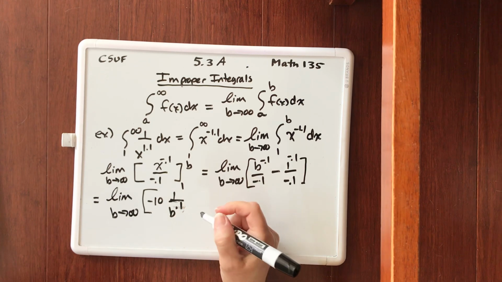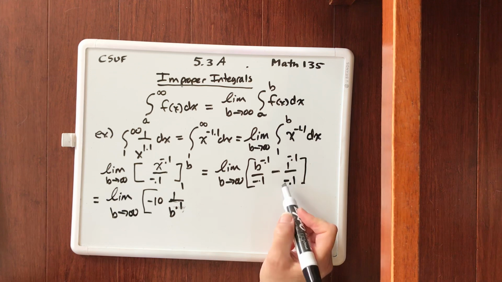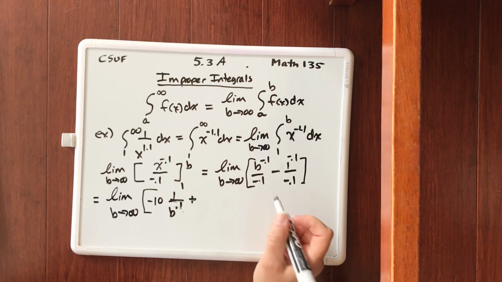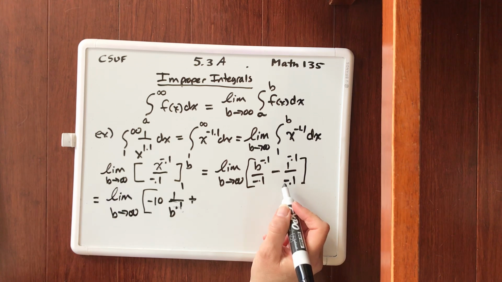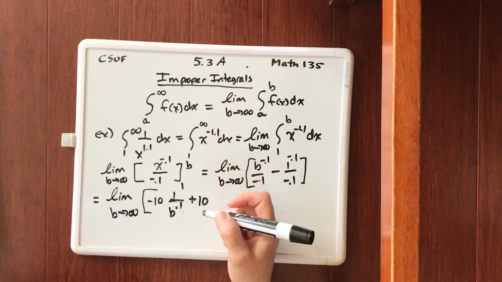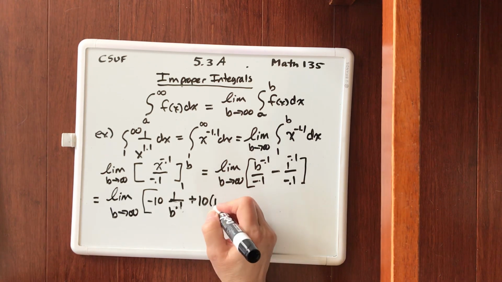Okay, very good. Now, a minus times a minus is a plus right here. This again is going to be 10. And if we put a 1 in the negative 0.1, we're just going to get 1.